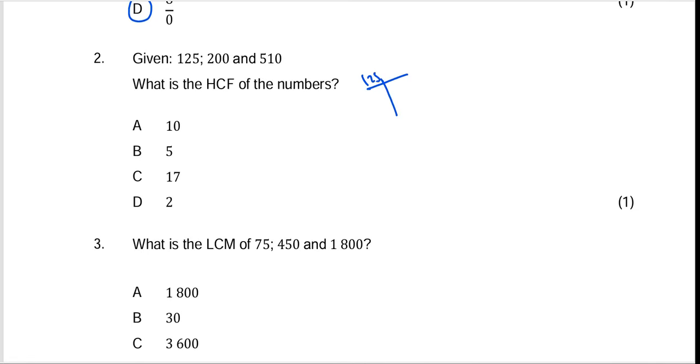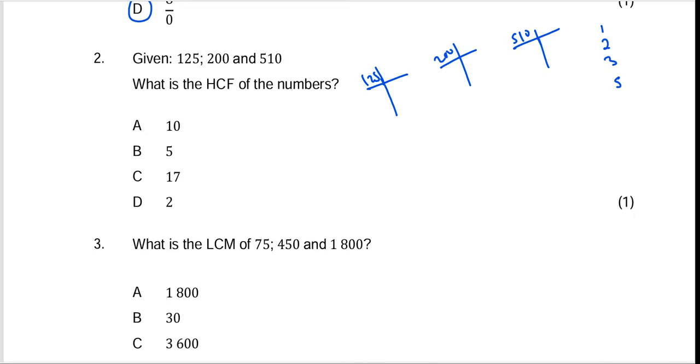Guys, I have 125, and I'm going to use our T diagram. I also have 200 and 510. When we deal with the T diagram, we're going to use our prime factors. What are prime factors? Prime factors are numbers that have only two factors, one and itself.